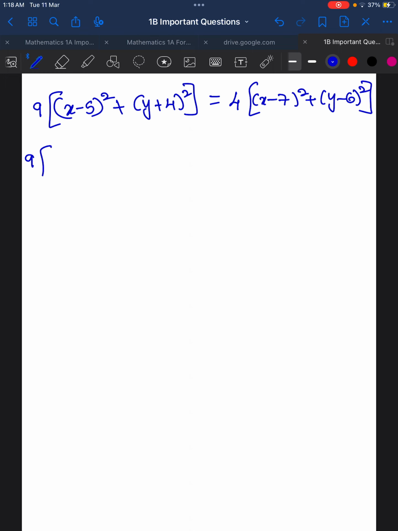So 9 times, again I am applying the formula for the first term. Here I am applying the a minus b whole square formula. What is a minus b whole square? x square plus 5 square minus 2 into x into 5. Next, for the second one, what formula am I applying? For this, a plus b whole square: y plus 4 whole square is y square plus 4 square plus 2 into y into 4.